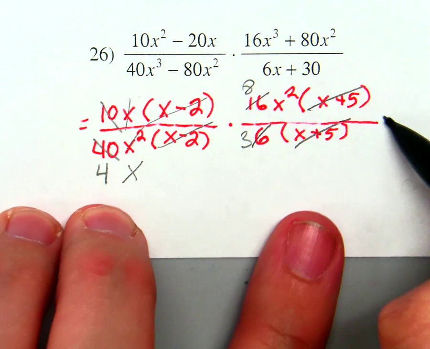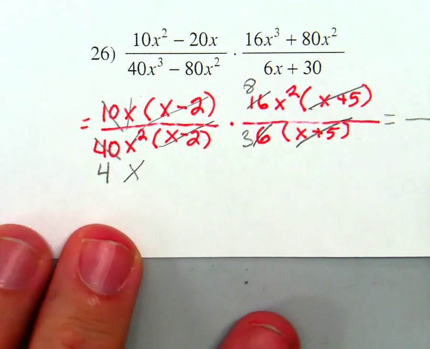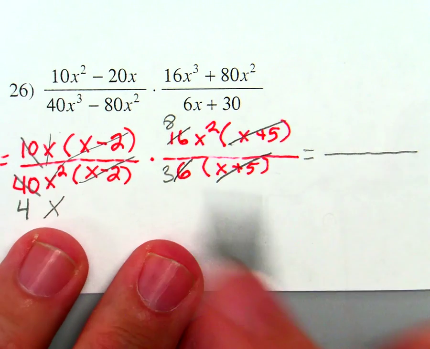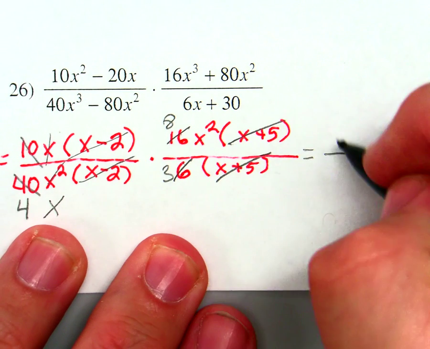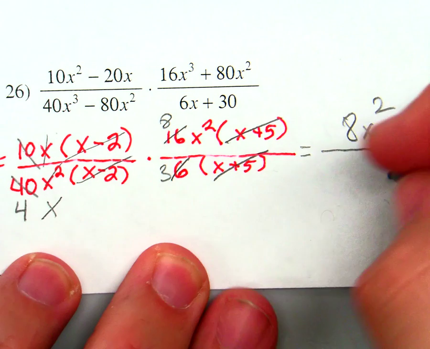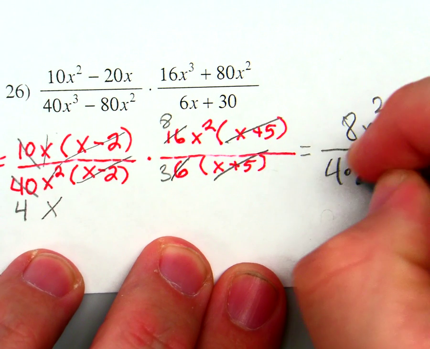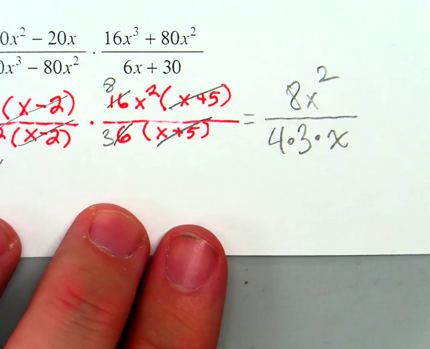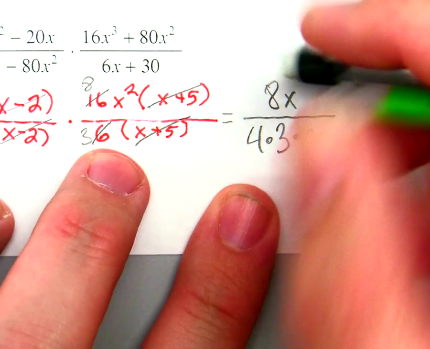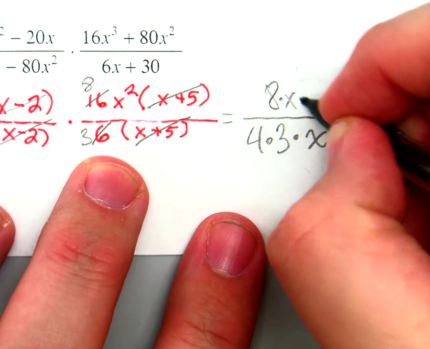And to just clean this stuff up, since I'm dividing out a lot, what's left over in the top is 8x squared over 4 times 3 times x. And if you want to think of x squared as something else, that's really x times x.